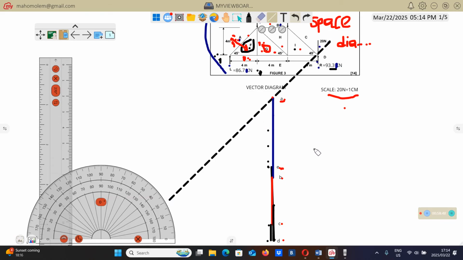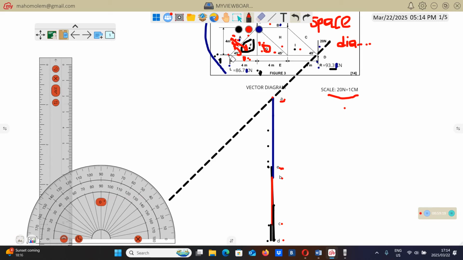So this line is parallel to this line. So this line is moving at an angle of 45. This line as well is moving at an angle of 45. As you can see here, this 45 is measured from this side, from the right hand side to there.